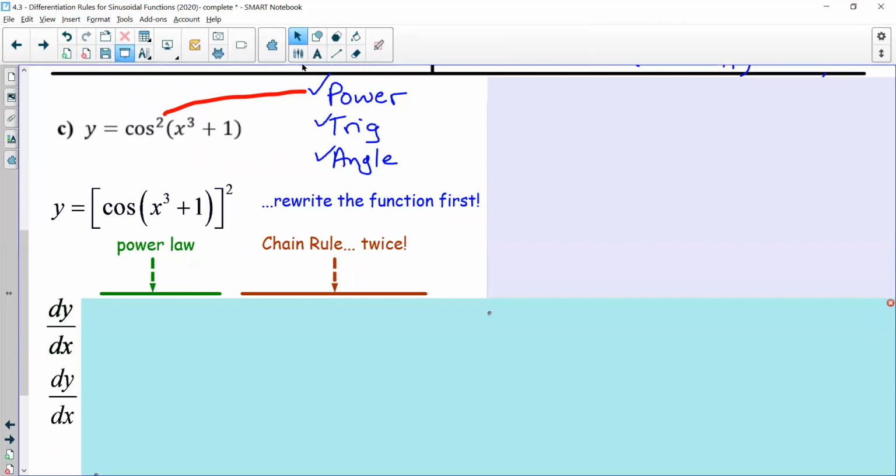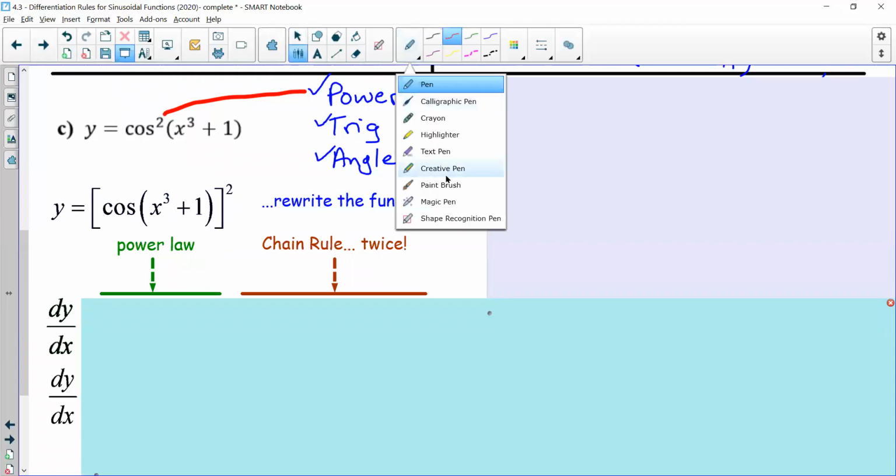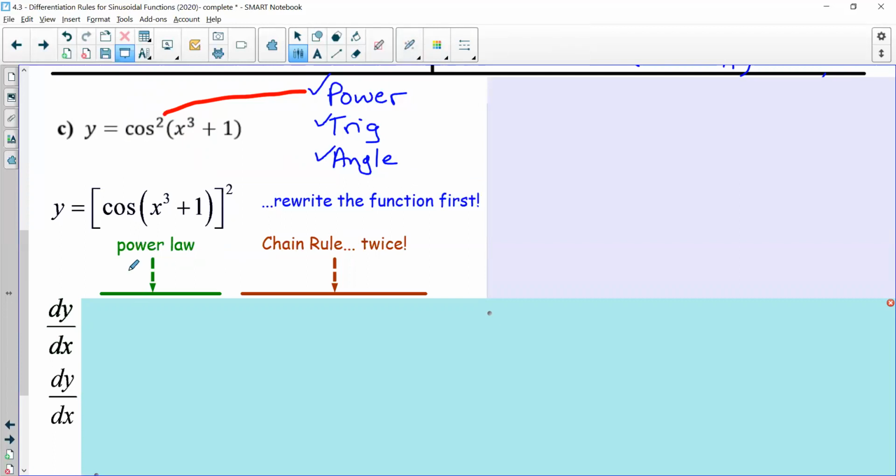So we've got, let me just get a pen that I'd like here. There we go. Magic one. All right. So we first need to use the power law. Okay. So if this whole thing is your base, and there it is, then we need to use the power law by taking this value as a coefficient, keeping the base the same, decreasing by 1.